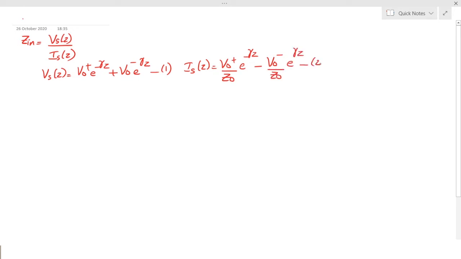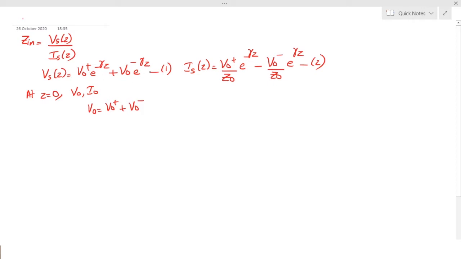This is equation 2. At Z equal to 0, we assume the voltage to be V0 and the current to be I0. So on substituting Z equal to 0, you will get V0 equal to V0 plus plus V0 minus. Why? Because the e raised to gamma z term and the e raised to minus gamma z term reduce to 1 as Z is equal to 0. E raised to 0 is 1.